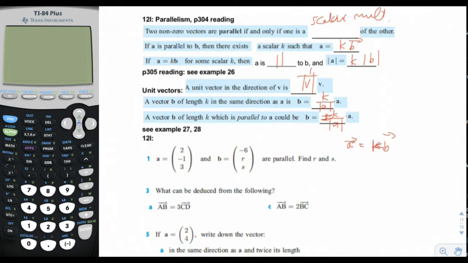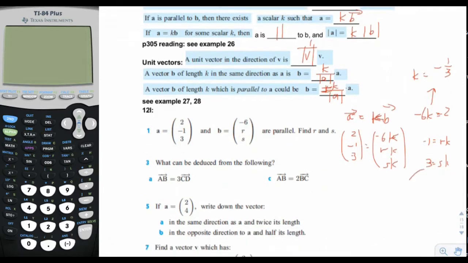So 2, negative 1, 3 is equal to negative 6k, rk, sk. That gives negative 6k equals 2, negative 1 equals rk, 3 equals sk. So here k is equal to negative 1/3. We've already solved for k, but we need to find r and s.